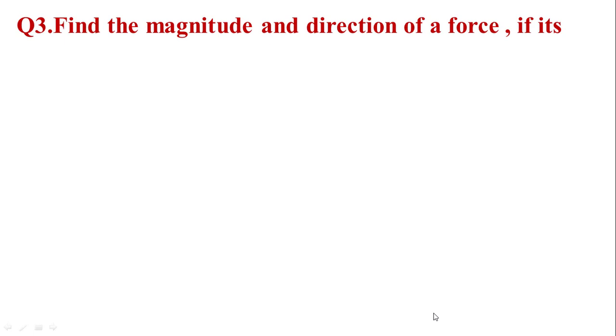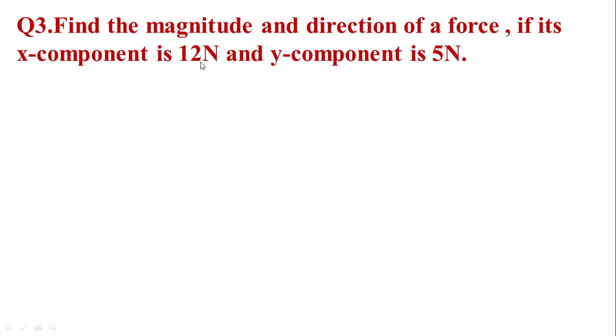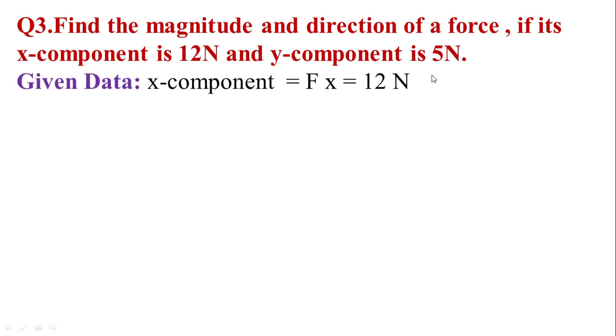In question number 3, find the magnitude and direction of force if its x component is 12 Newton and y component is 5 Newton. Now, in the given data, the x component of force F of x is equal to 12 Newton and the y component of force F of y is equal to 5 Newton.